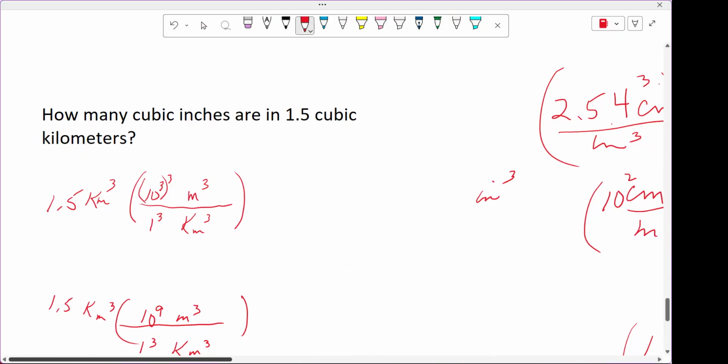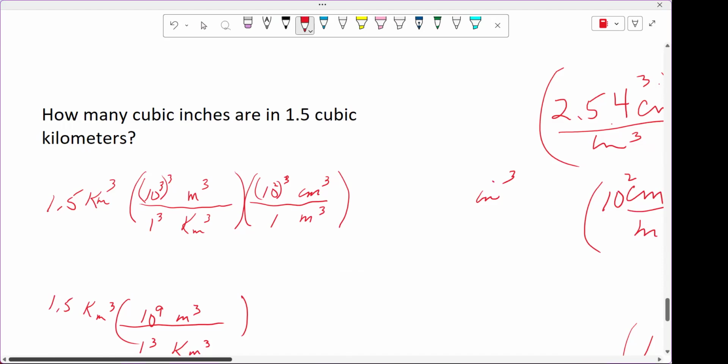Let's go to cubic centimeters. And there's 100 centimeters in a meter.